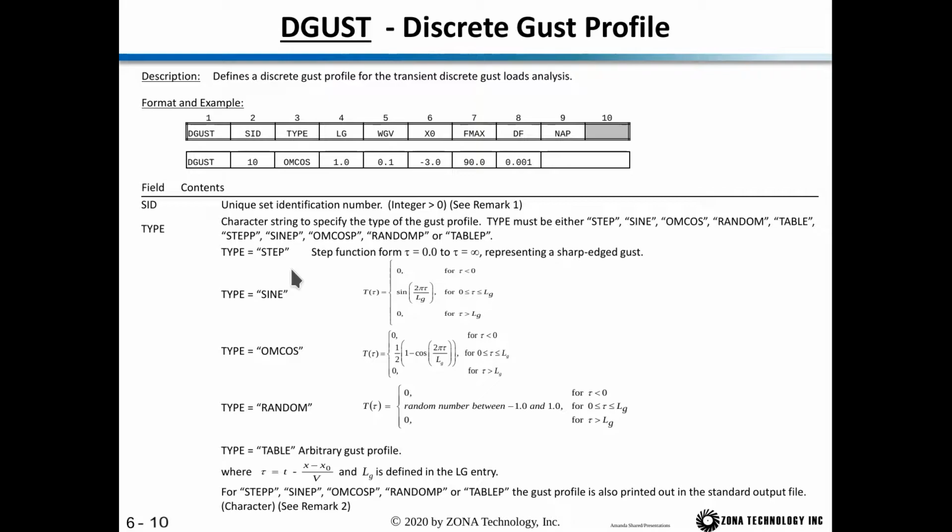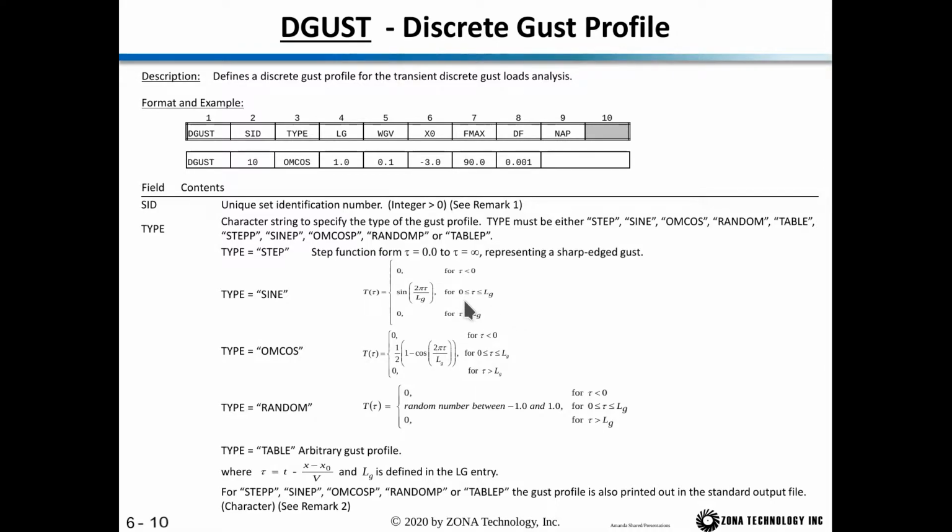Now for type step, the Gust profile is a step function from tau 0 to tau equals infinity, representing a sharp-edged Gust. For type equals sine, we have one sine wave. So when tau is less than 0, the input is 0. When tau is greater than Lg, it's once again 0.